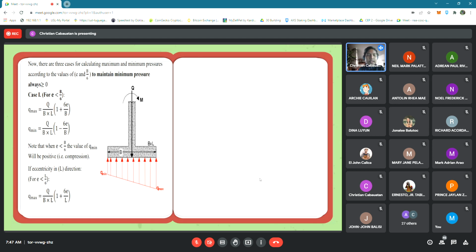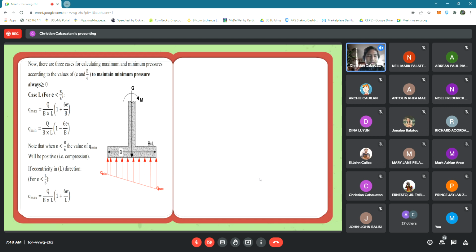Okay? The Q maximum that we will be using, no? It is Q over B times L, okay, times 1 plus 6E over B. Okay? And for its Q minimum, no? Instead of plus sign, it would be minus sign. Okay?